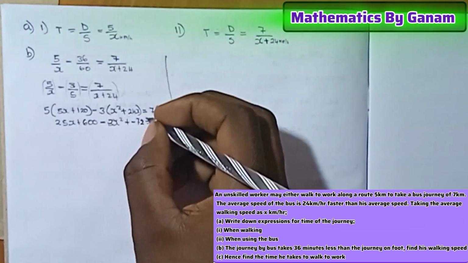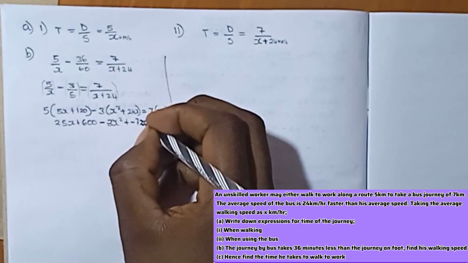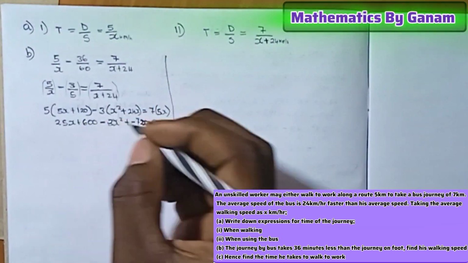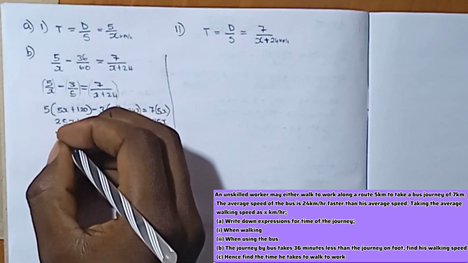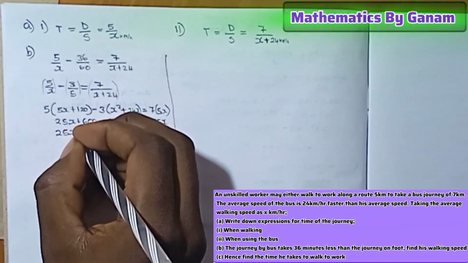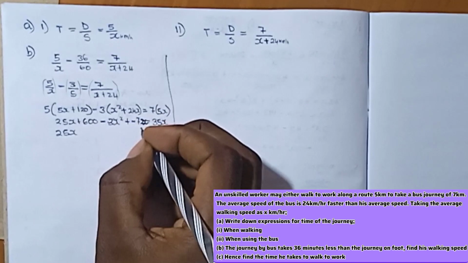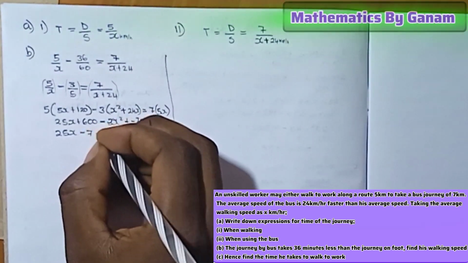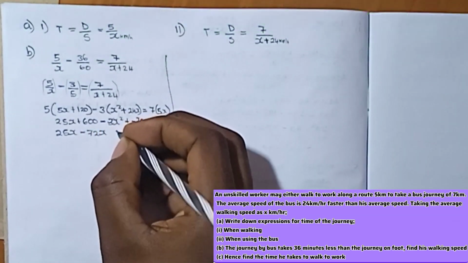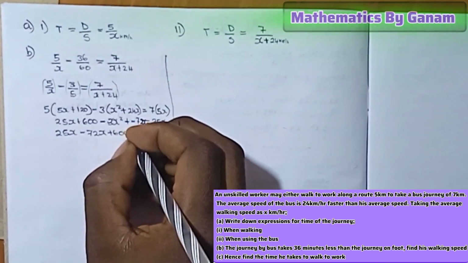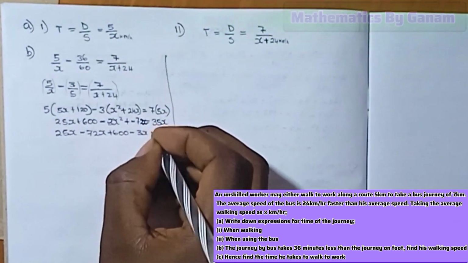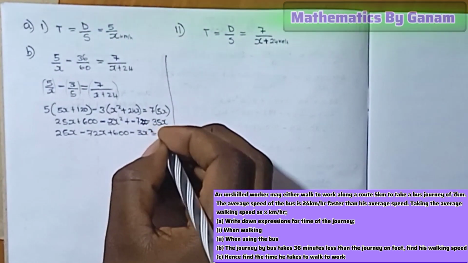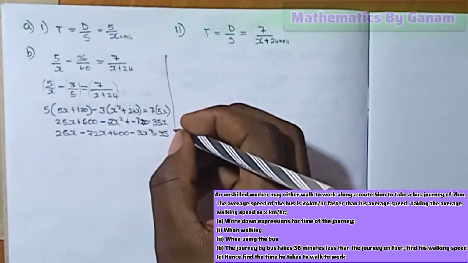So this is 72x. So putting all the like terms together, we're going to have 25x minus 72, plus 600 minus 3x squared is equal to 35x.